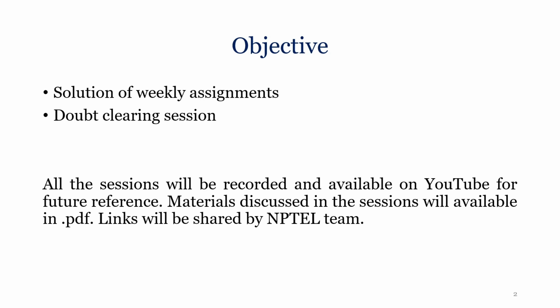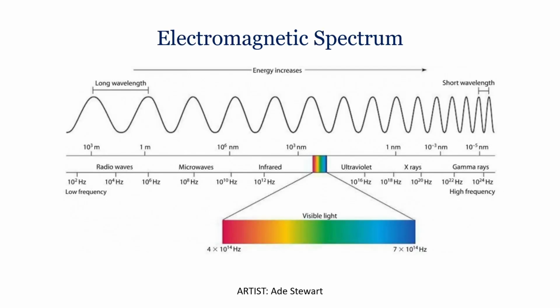And here is the electromagnetic spectrum. See that we have started with microwaves, right? The rotational spectroscopy, where the frequency is around 10 to the power 8 hertz, and the wavelength is longer. Then we have moved to the vibrational spectroscopy, where the energy is bigger than the microwave spectroscopy and the wavelength is less.